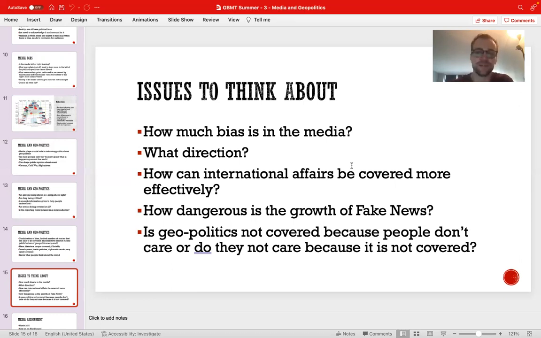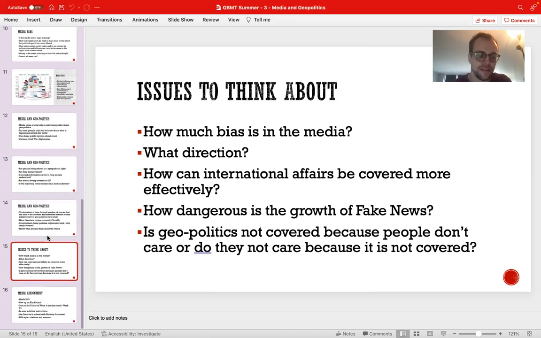How much have you experienced this fake news in your own media consumption? Is geopolitics not covered because people don't care, or do they not care because it's not covered? That's a key question. Is the issue of these underreported stories that people just dismiss them or find them boring, or that journalists themselves are not covering these important issues deeply enough? So these are just all things to think about.